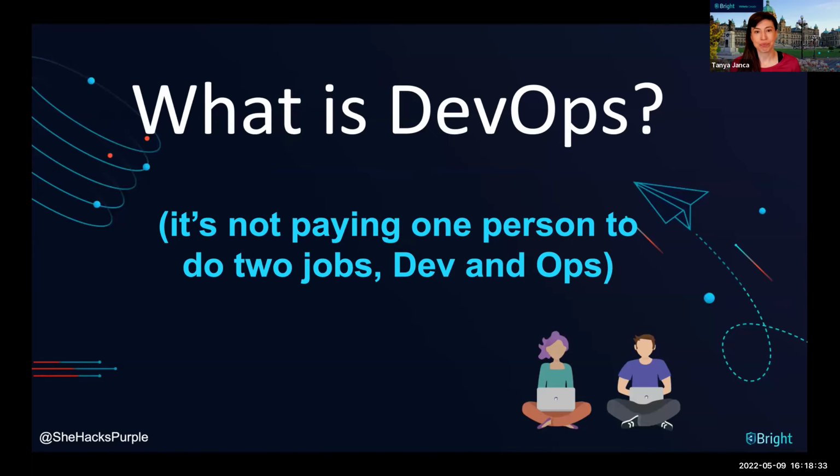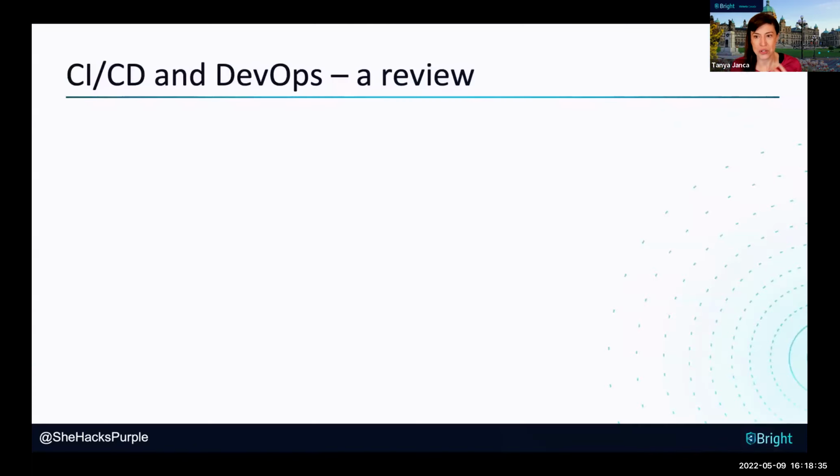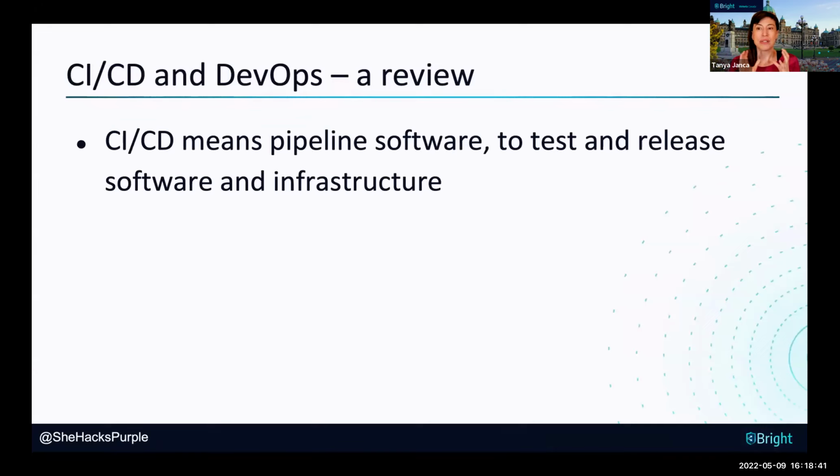Okay, so a bit of a review, a bit more on CI/CD, and then we're going to talk about strategies for DAST. When people say CI/CD, they mean pipeline software. Basically it is software that tests and deploys other software and infrastructure.